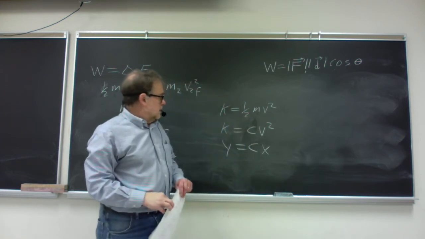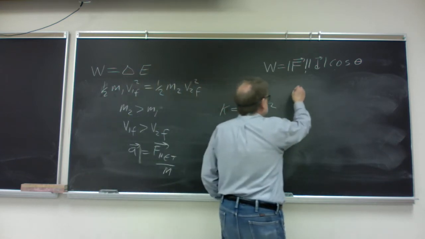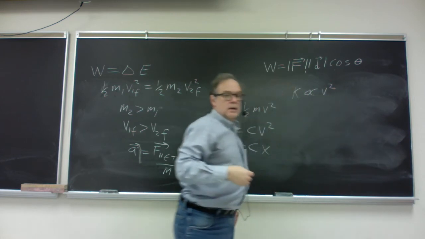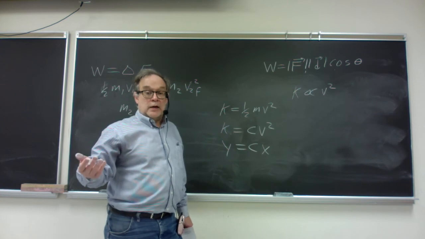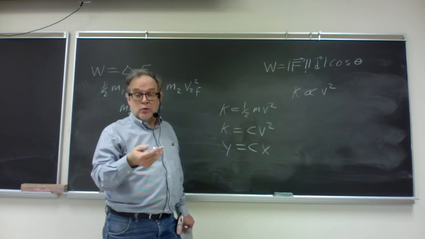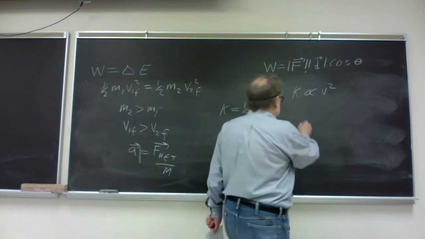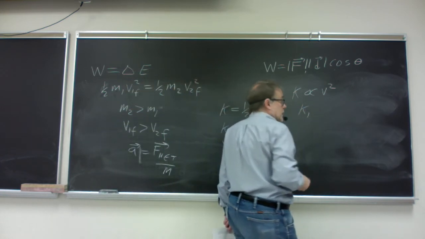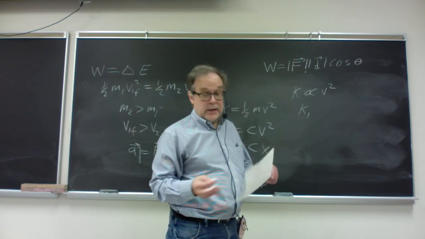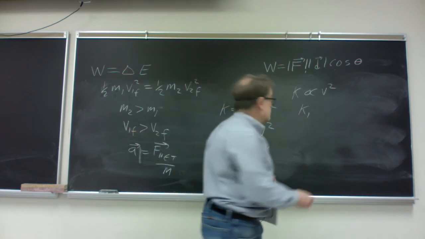So kinetic energy is directly proportional to velocity squared. That means, however velocity squared changes, kinetic energy changes exactly the same way. So let's say we've got a car and it's moving at a certain speed so that its kinetic energy is 5,000 joules.